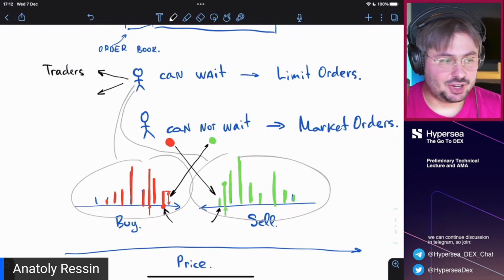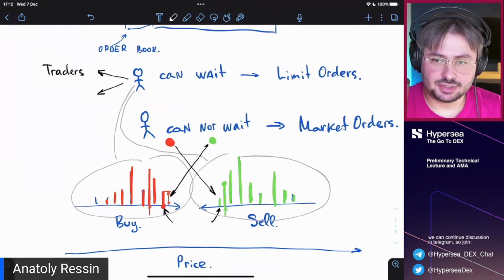So this is just a thing from the perspective of the exchange itself.